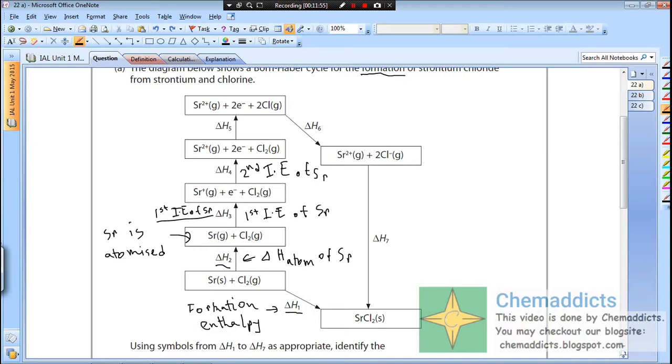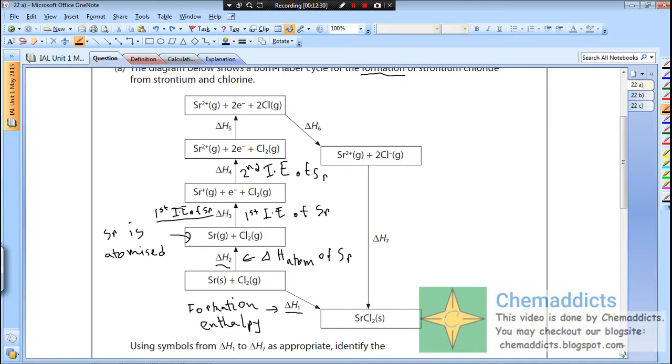Okay. So let us have a look at this. What is meant by del H5? Here, as we can see, this chlorine bond has been broken, and this is unchanged. This whole part stays as Sr2 plus and 2 electrons, so this part of the equation is unchanged, and we will leave it like that.